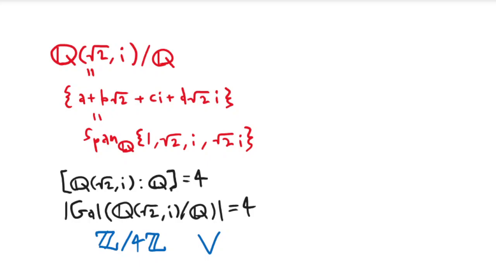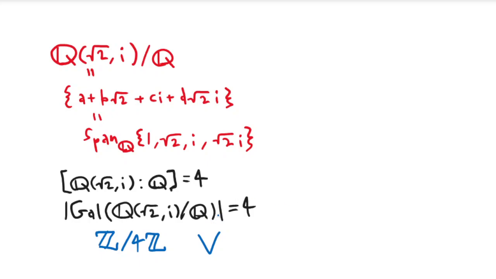And so in this case, we need some way of narrowing down which one it could possibly be, right? And so this is a slightly more sophisticated example. And this is the game that you play in Galois theory.